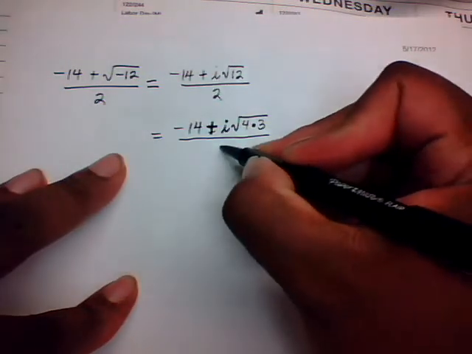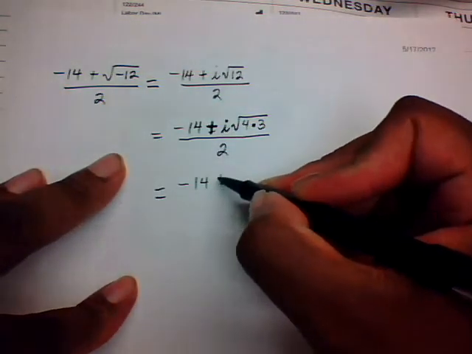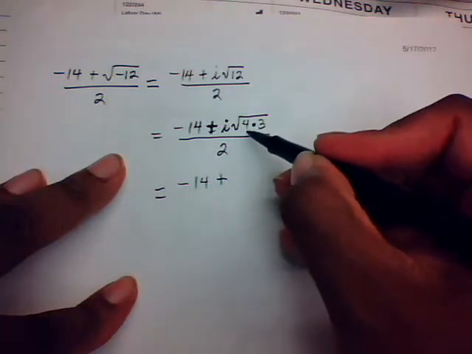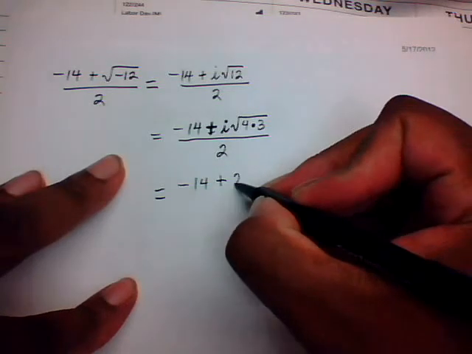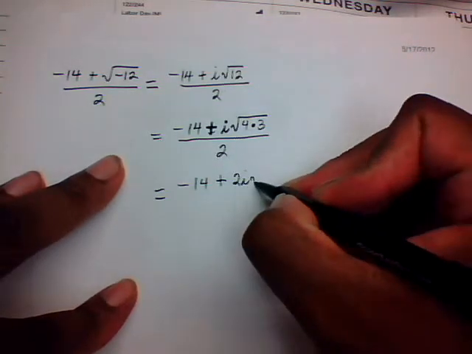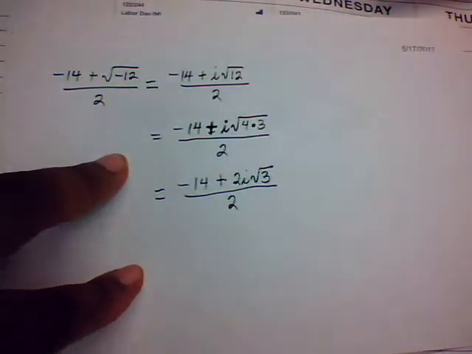And all that's divided by 2. So you got negative 14 plus, now the square root of 4 is 2. So I'm going to have a 2 on the outside along with the i, and then square root of 3, all over 2.